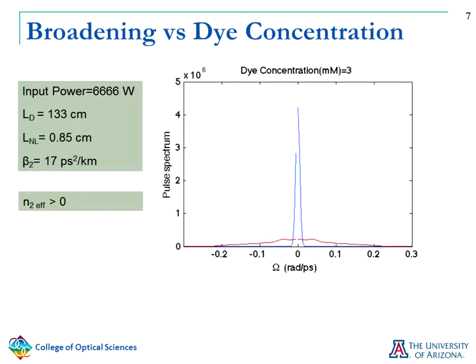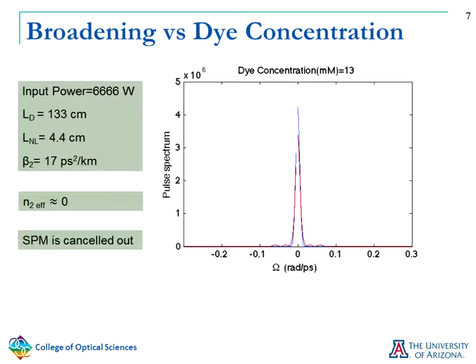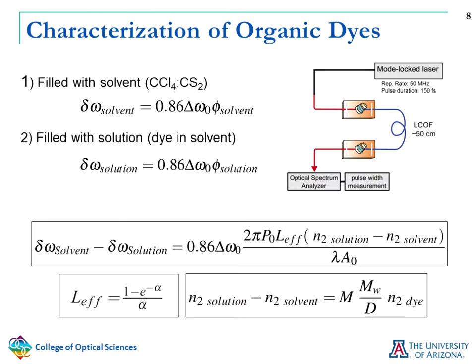If you go to the next slide, you can see that by increasing the concentration of this dye, the spectrum is getting narrower until here, using around 13 millimolar of the dye concentration, we could totally remove the impact of self-phase modulation, and the output pulse spectrum is almost the same as the input.